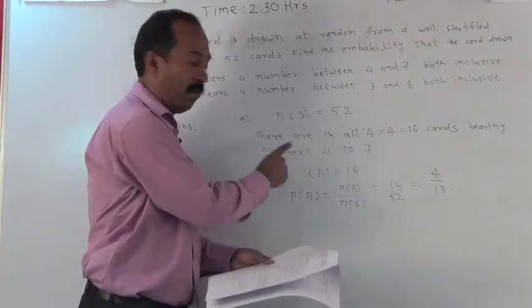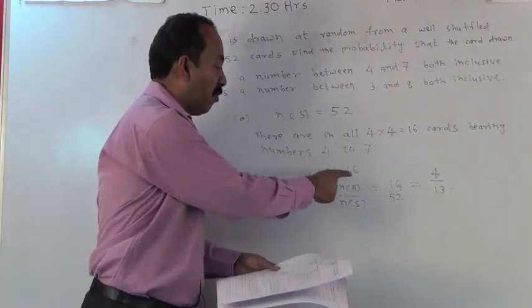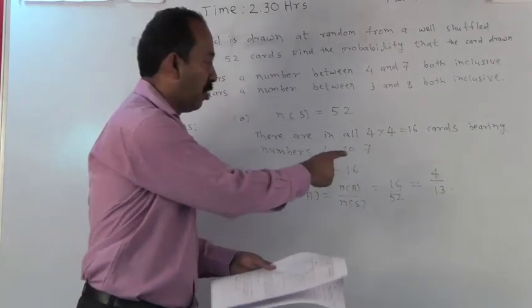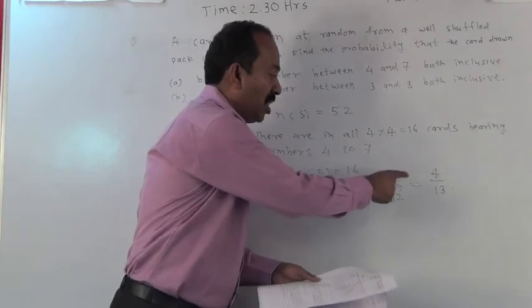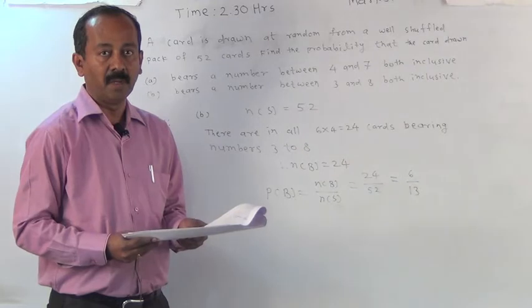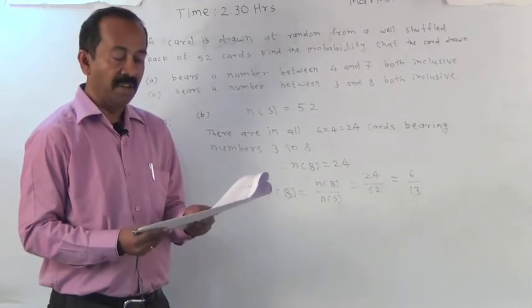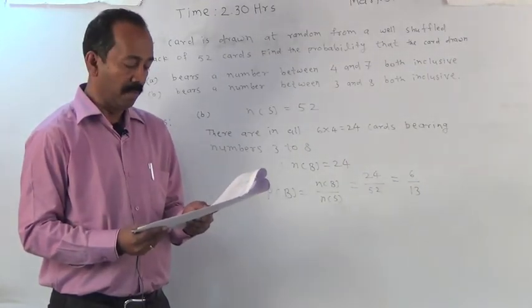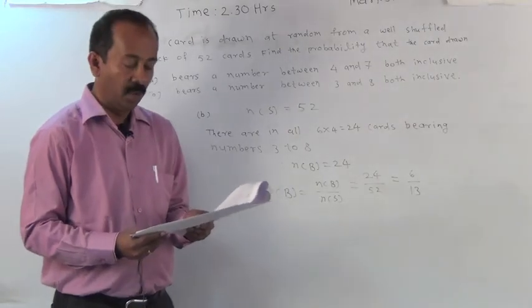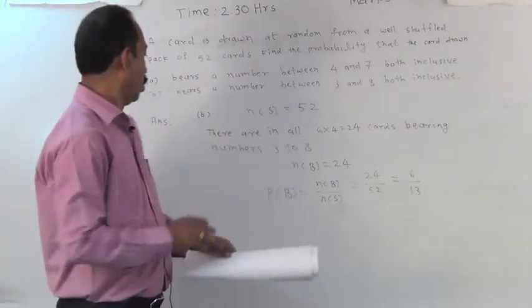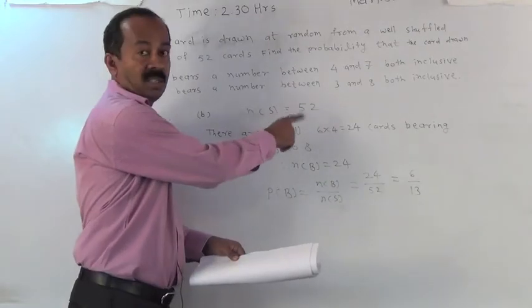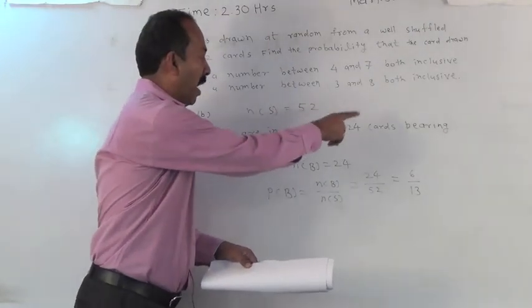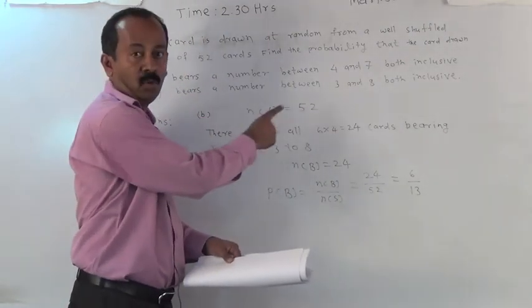So probability of event A is equal to n(A) upon n(S) is equal to 16 upon 52 is equal to 4 upon 13. Part B of this example. Let B be the event that the card drawn bears a number between 3 to 8, both inclusive. So there are in all 6 into 4, 24 cards bearing numbers 3 to 8.